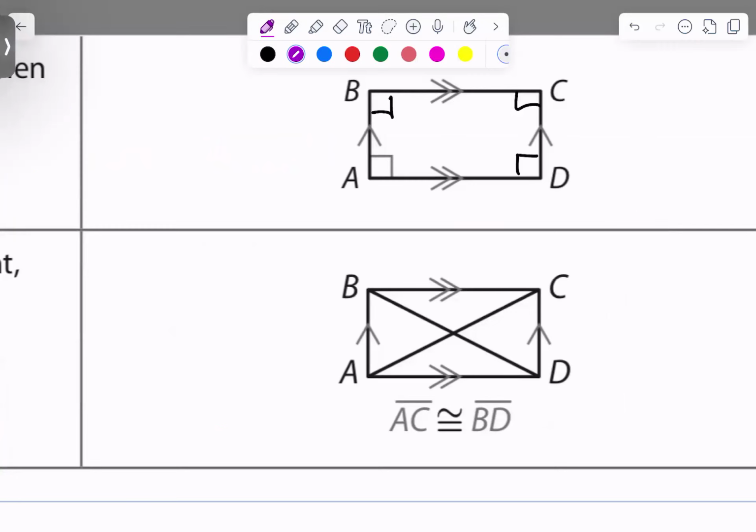But if I add something else here, like let's say point E, I can also say that BE is congruent to DE and AE and CE. They're all congruent to each other, because if the whole thing is congruent and they bisect each other, then the little parts are also congruent.